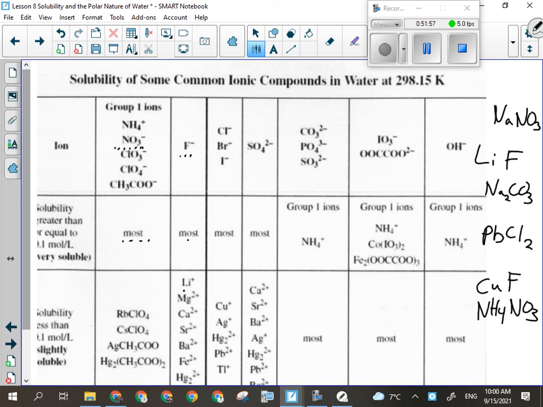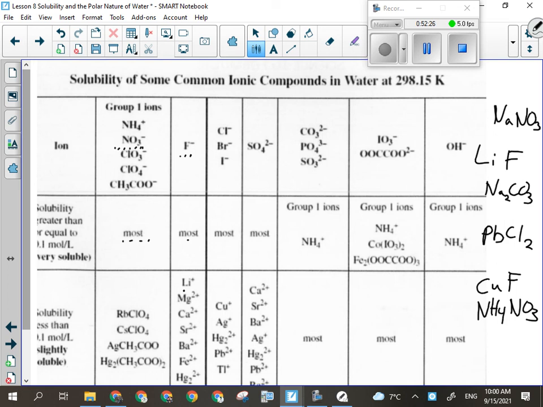All right, so the second one, sodium carbonate. Is that soluble or not? Yes, it is soluble. Here's the trick. On this chart, again to save space, they wrote group 1 ions. You're probably going, what's that? Well, the periodic table is organized into groups. Each column is a group. Group 1 is the first column.